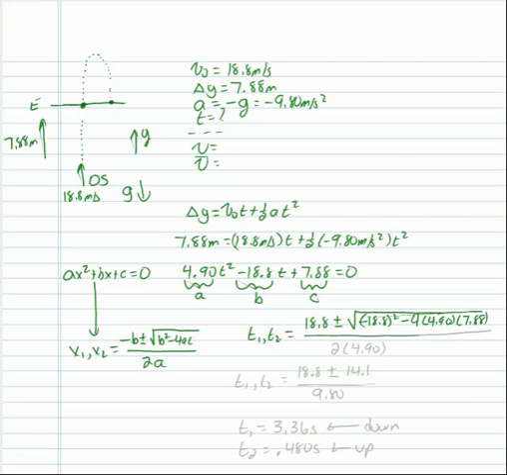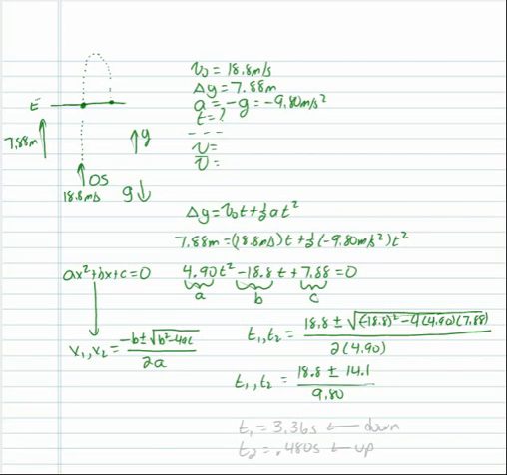And that entire quantity, not just the square root, over 2a, which is 2 times 4.90. So as we keep going, T1, T2, 18.8, plus or minus that pile under the square root, 14.1, all over 9.80. And this is where we get our 2 times.